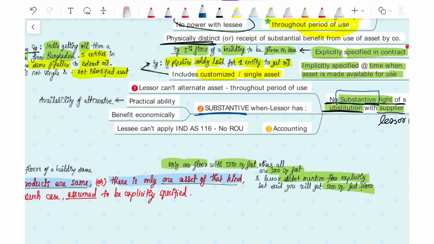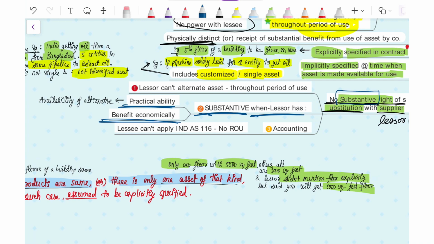Okay, so substantive means when the lessor has practical ability and is benefiting economically. That means if there is an asset which the lessor has given on lease to a lessee, the lessor should not be able to alternate that asset.